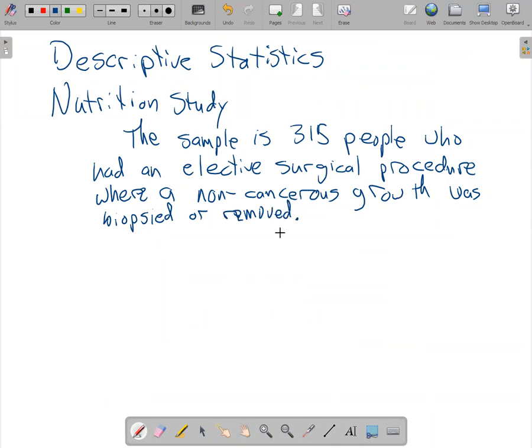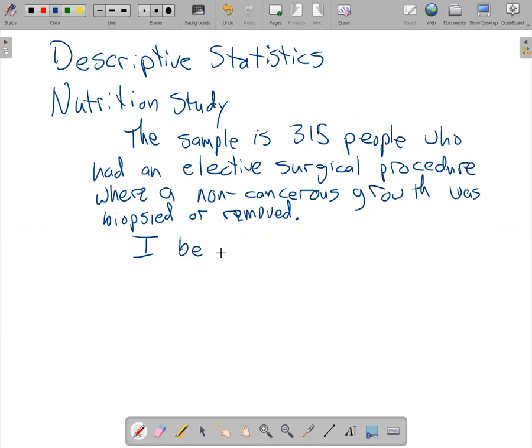Right, that's the sample. My guess from looking at the second description is they're really looking at a population of all humans. And unless they specifically say what our target population was, it's always a guess on our part as the reader.